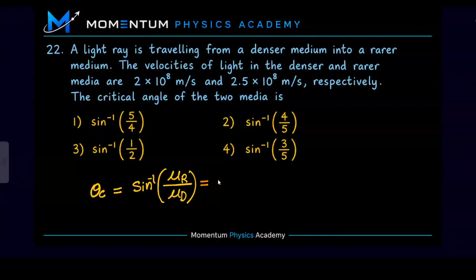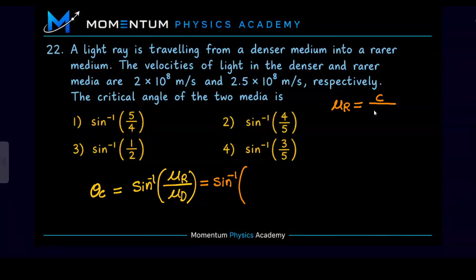Rarer medium has high velocity. Okay. Denser medium has low velocity.